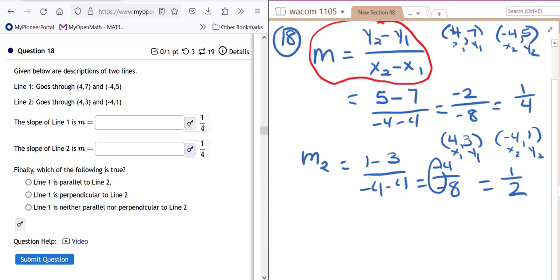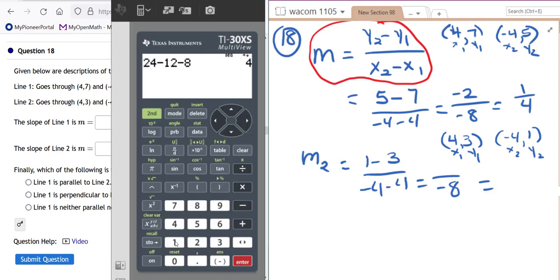Whoops. So Mrs. H did something wrong. Right here, my math. 1 minus 3. And you should use your calculator if you're going to mess up like that. 1 minus 3 should give us negative 2.